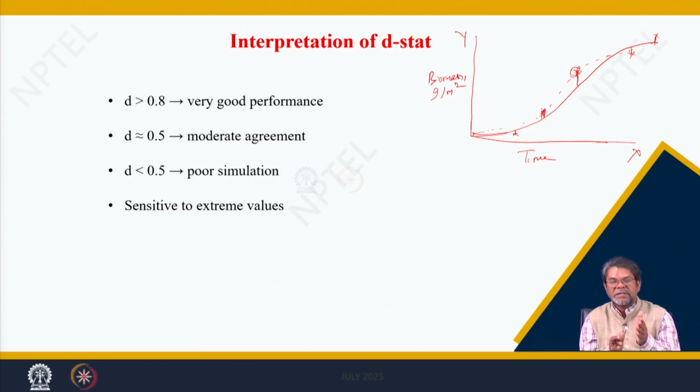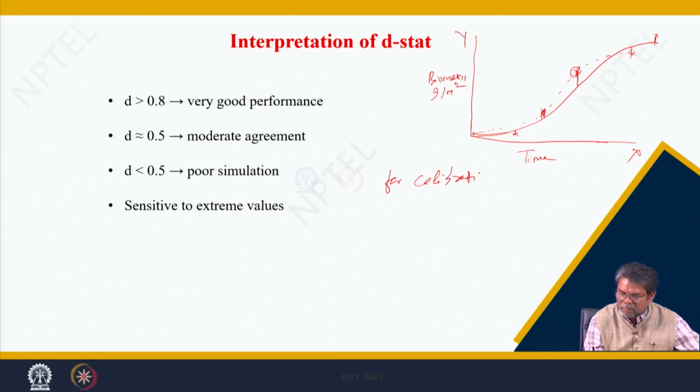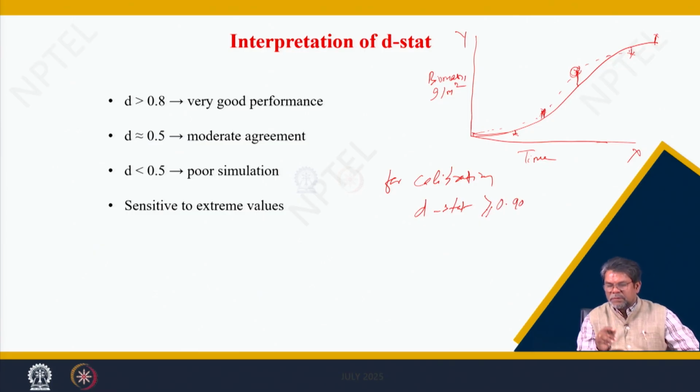For calibration, the D stat should be greater than or equal to 0.90, because in calibration you are changing these model parameters to have the best match between the simulated and observed outputs. In that case, the d value must be 0.9 or higher.